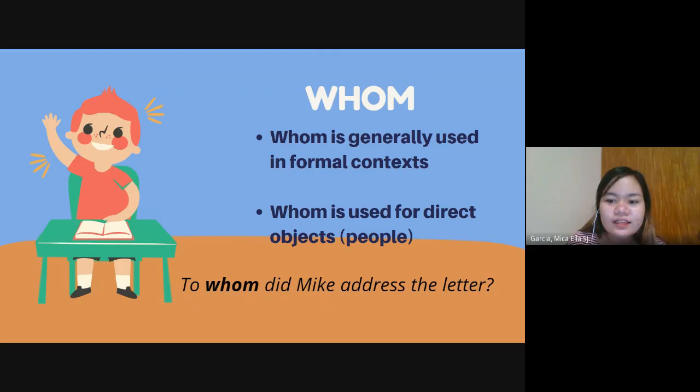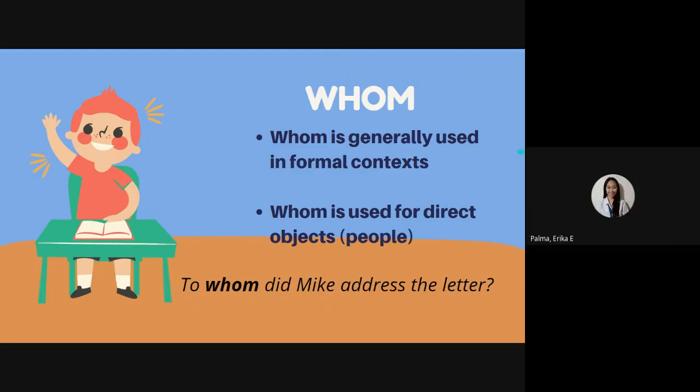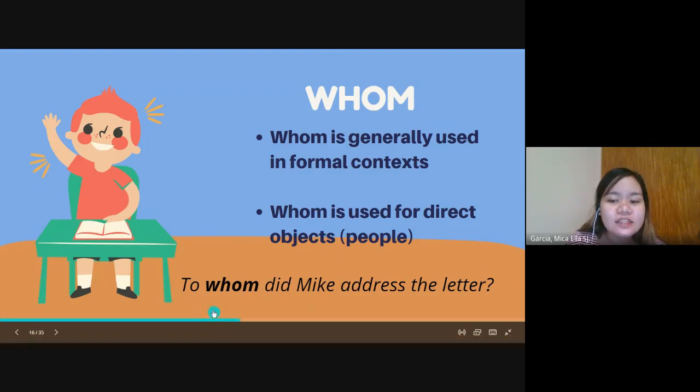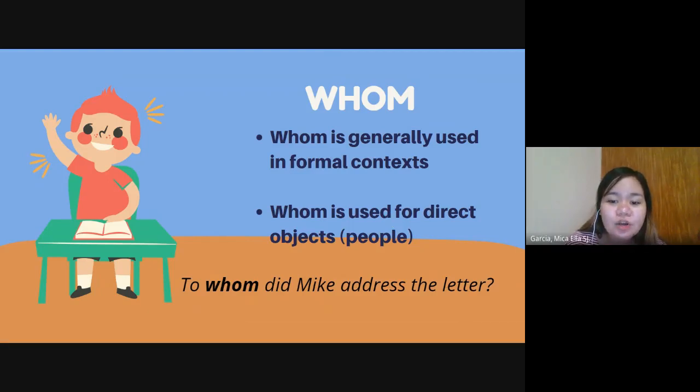Yes, Erica. To whom did Mike address the letter? Okay, it is stated here that whom is used for the direct object, or the direct object is the receiver of the action. Again, in this question, you are asking for someone who received the letter that Mike composed.